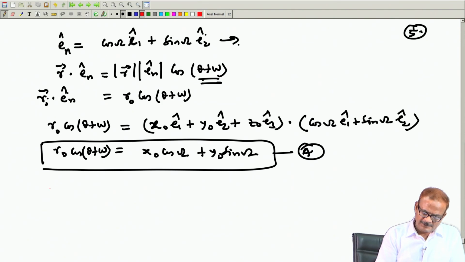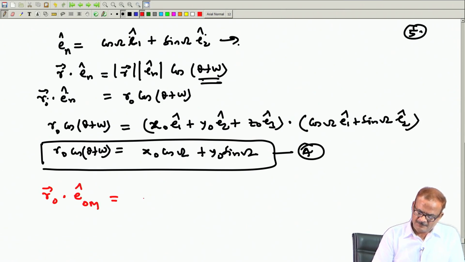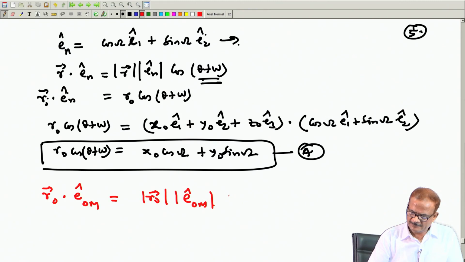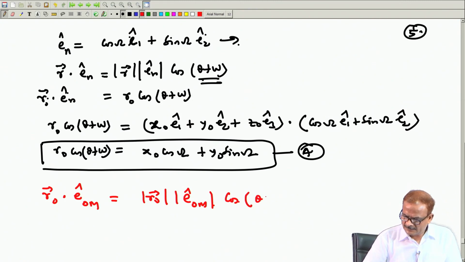So, here again we write r0 dot E_OM cap. This will be the r0 magnitude times the E_OM cap magnitude, and the angle between them is cos of theta plus omega, or omega plus theta minus 90 degrees.